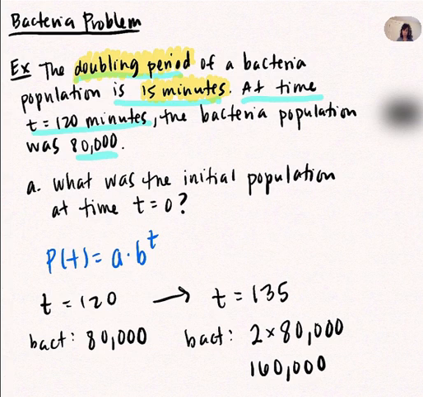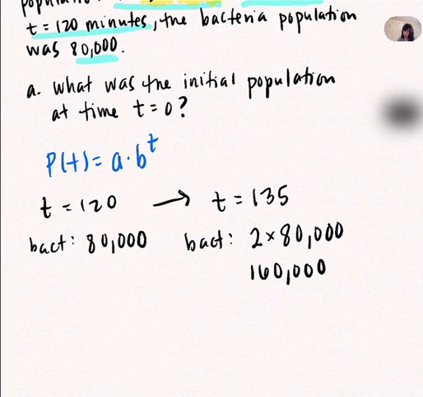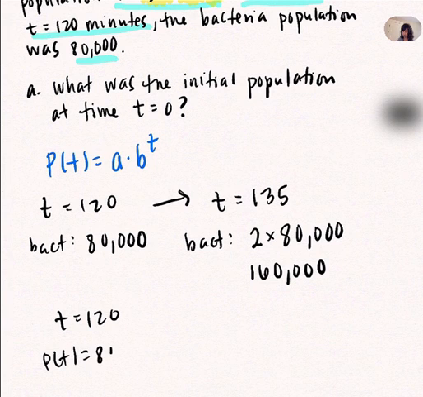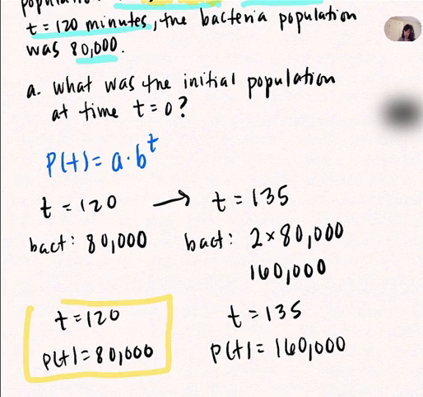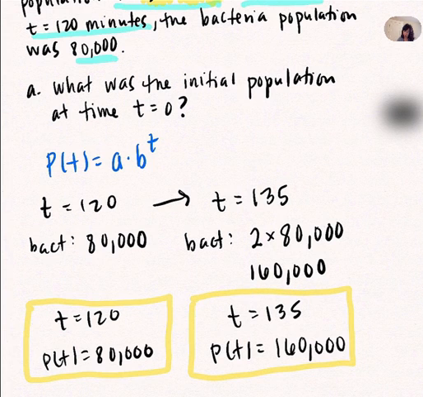It's useful to know these two things. P of t is 80,000 when t equals 120, and P of t is equal to 160,000 when t equals 135 minutes. Because if we know these two things, we can plug them into our equation here and solve for a and b.